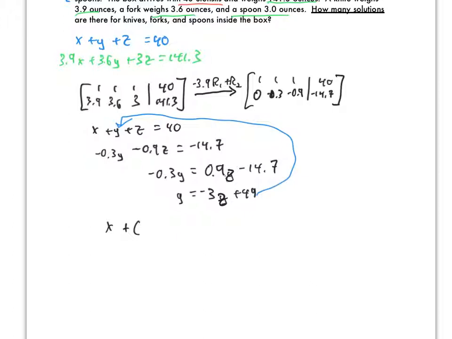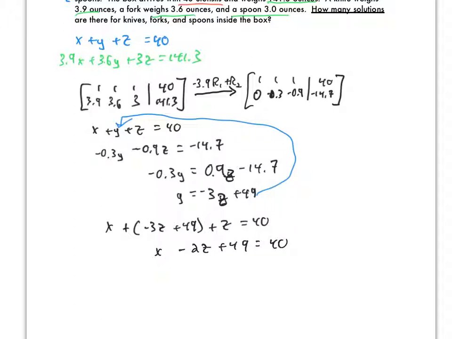I don't know what I was thinking there, so that's a little bit better. So this is going to be negative 3z plus 49, and then I have plus another z is equal to 40. All right, so I'm going to gather my terms. This is x minus 2z plus 49 is equal to 40.